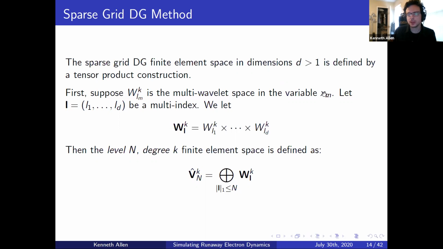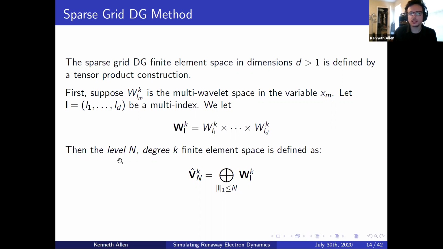We have D dimensions total, so m is between 1 and D. Then we define this multi-index, just a set of indices, and we let the bold W_l^k be the tensor product of W_{l_1}^k through W_{l_D}^k.